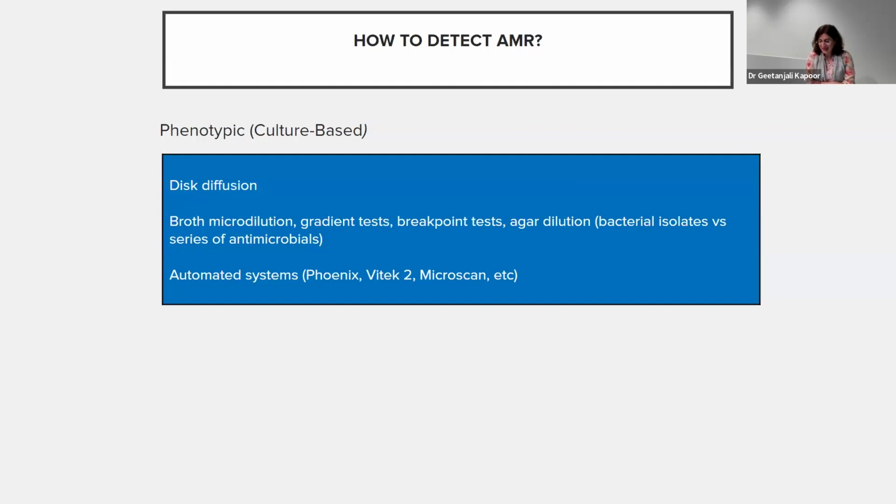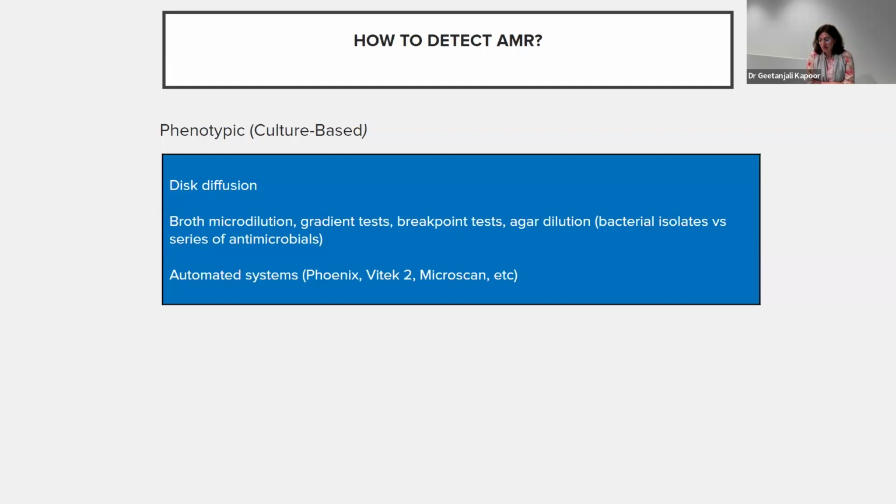It's only tested in the lab. The age-old method has been the phenotypic method, the culture-based methods, which is very traditional. You can see on the slide, I've grouped it into 3 different categories.